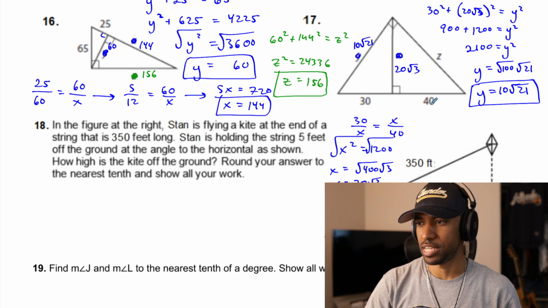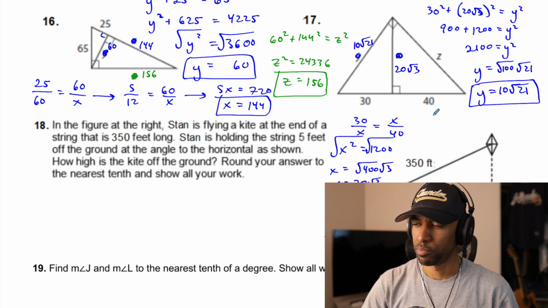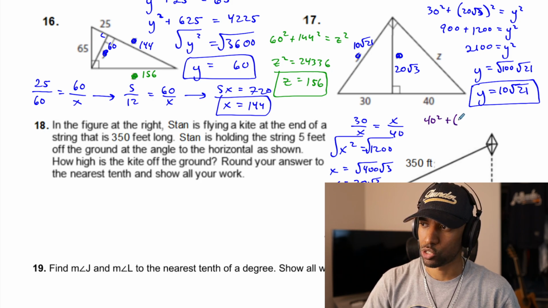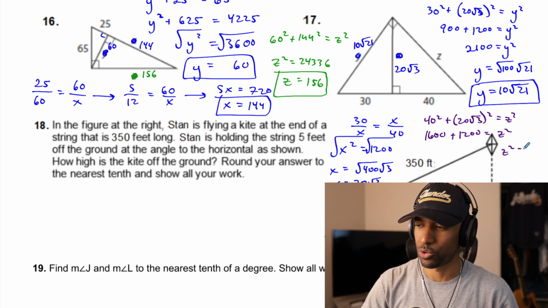Last one, for z here. Let's use 40 and the 20 root 3. Definitely running out of room. Let's use a different color again. 40 squared plus 20 root 3 quantity squared equals z squared. 40 squared is 1600. We know this one is 1200, equals z squared. Z squared equals 2800.